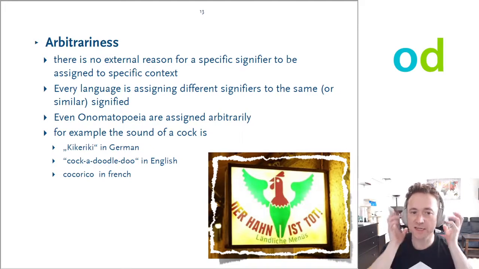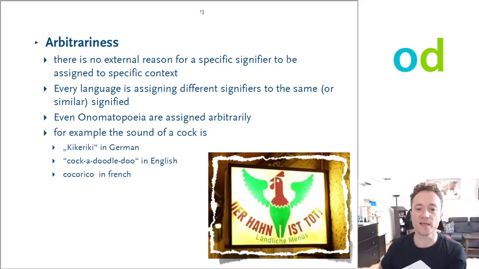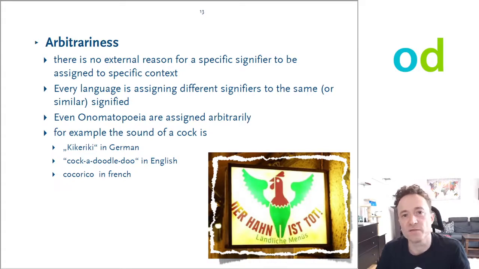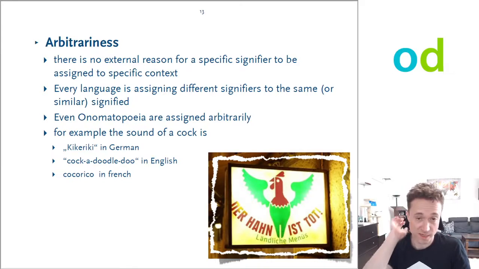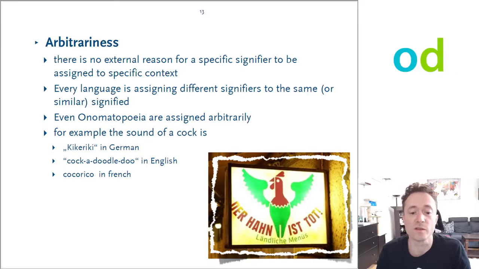We can see that easily: every language assigns different signifiers to the same or similar signified, and there is no reason why a specific signifier is selected. Even onomatopoeia are assigned arbitrarily. For example, the sound of a cock is kikeriki in German, cock-a-doodle-doo in English, and cocorico in French.